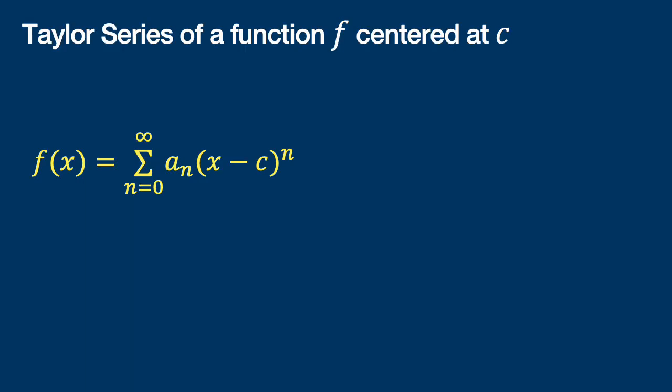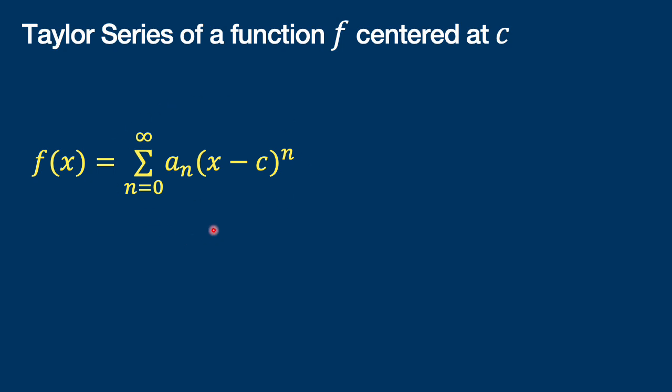Now let's give the definition of the Taylor series. f of x is a function. We want to write f of x as a power series with center at c. Here is f of x, and this is a power series.